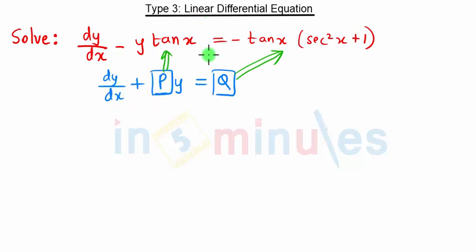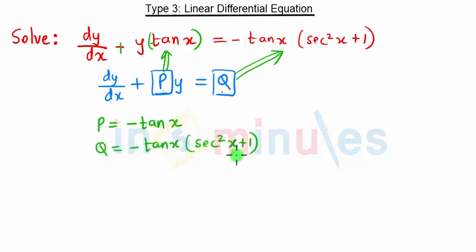So if we compare these two, we get p as minus 10x. p and q are functions of x, so p is minus 10x, y is here as it is, and q is this value. So these are the values of p and q. So this is a type 3 type of problem.